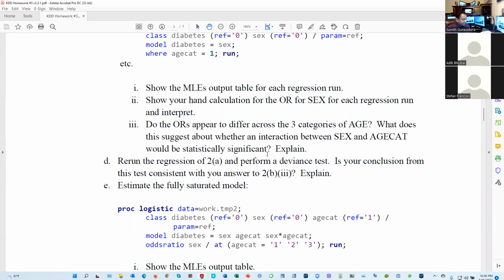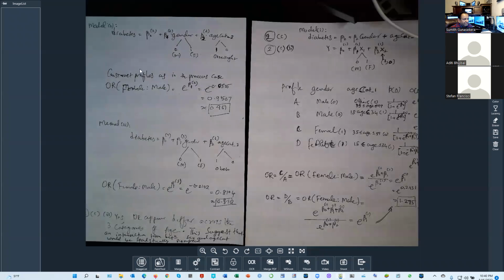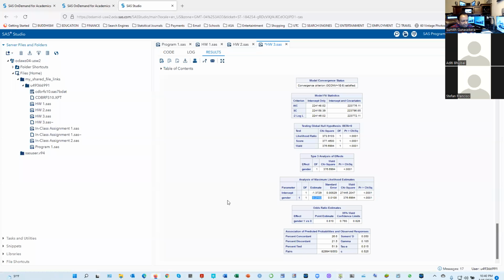The only thing they're going to ask is to show your hand calculation for the OR for this sex regression run and interpret. We did that one by hand, for 3 or the 2C2.